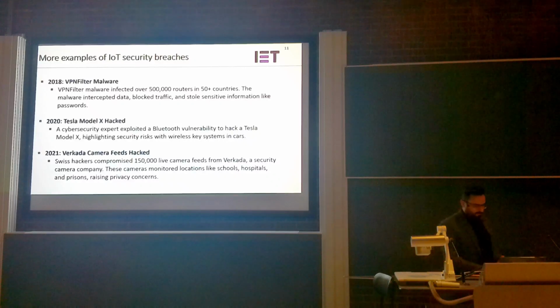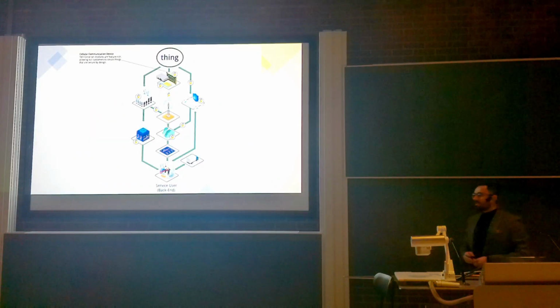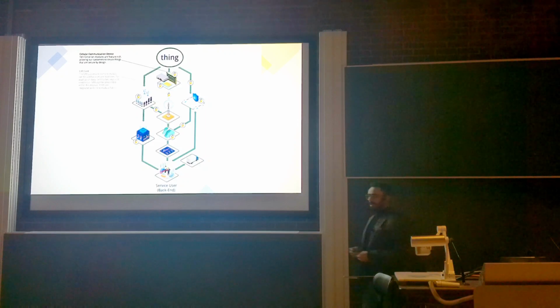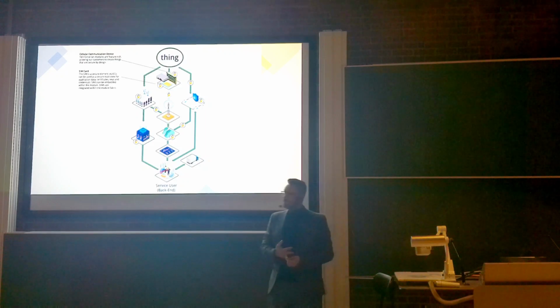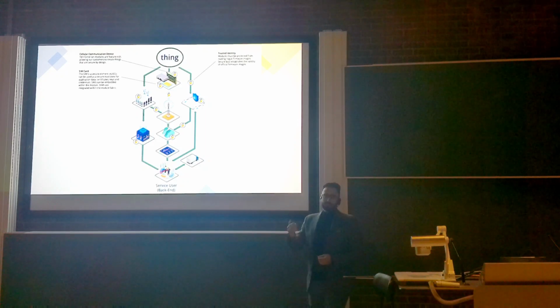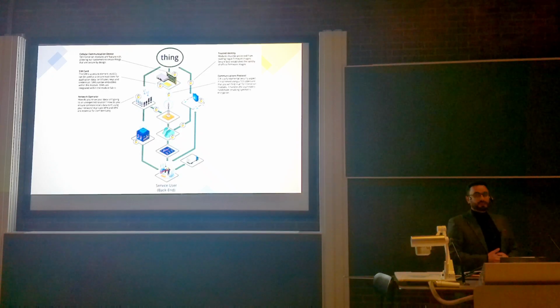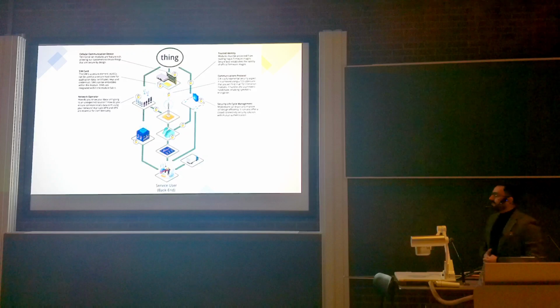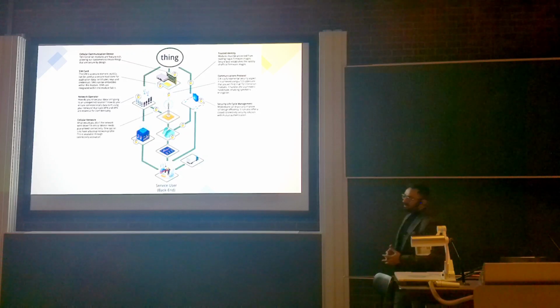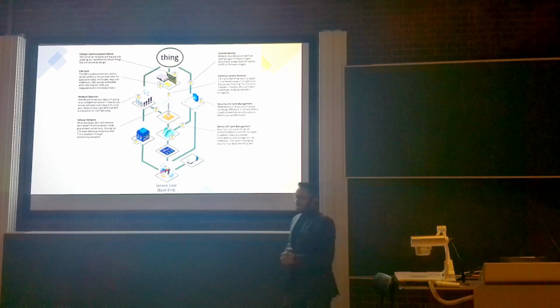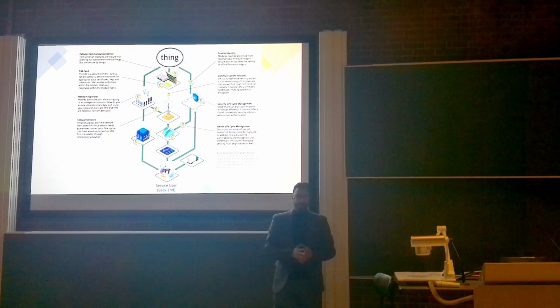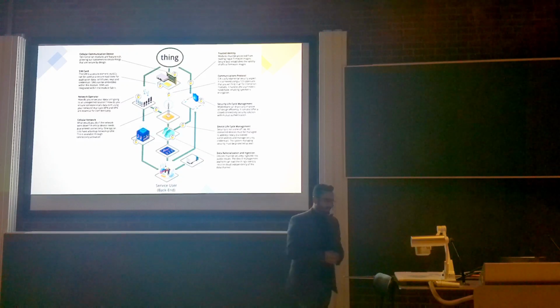So it's lots of scary examples, and normally to secure an IoT device, it has to be secured in multiple layers, where you go through a series of authentication, and most of the time this would require you to have some direct connection to that IoT device.